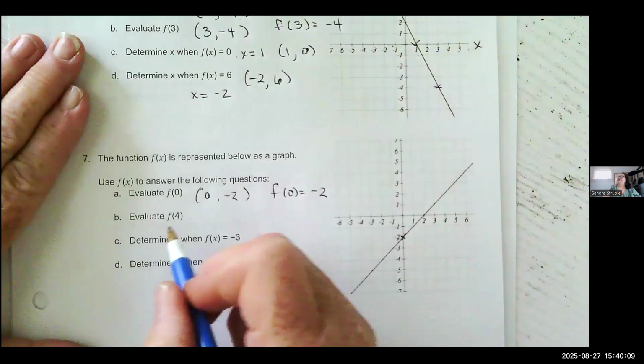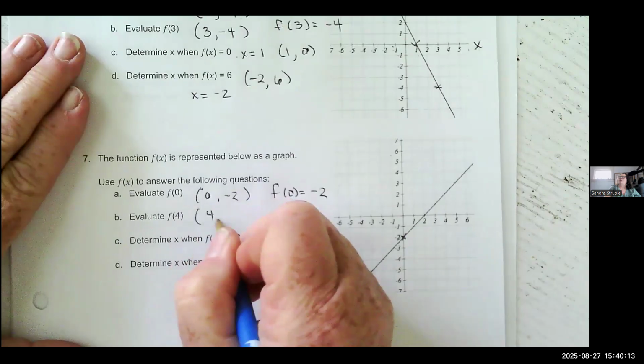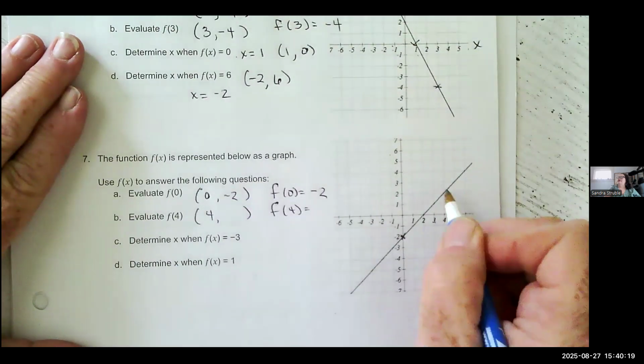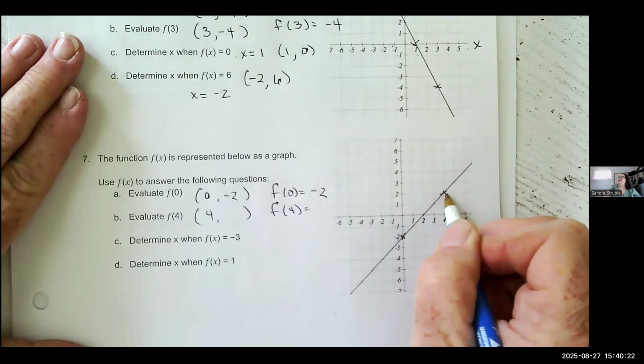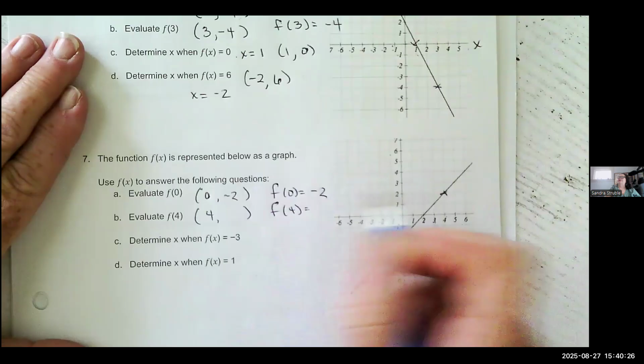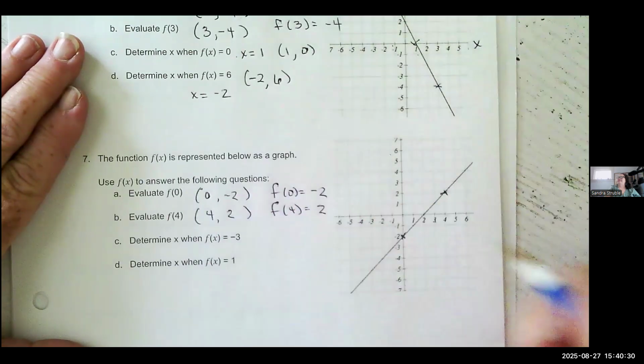Okay, let's go to the next one. f of 4. What that means is when x is 4, what is the y value? So 4: 1, 2, 3, 4. Find that on your line. Where is that hitting? What's that point? It's 2. So the function at 4 is 2.